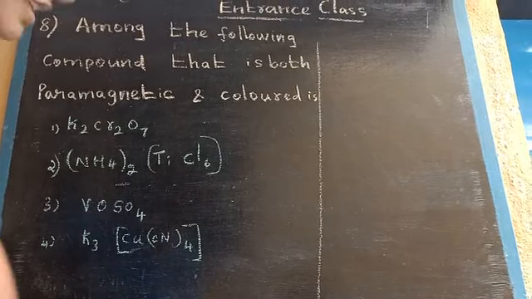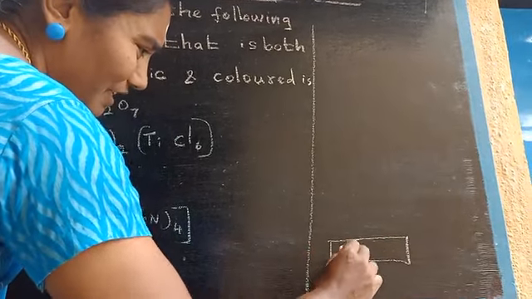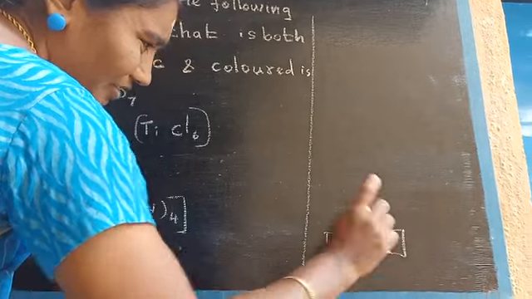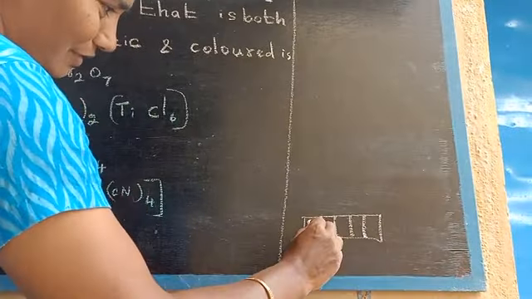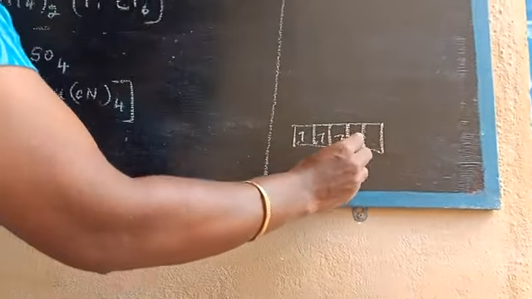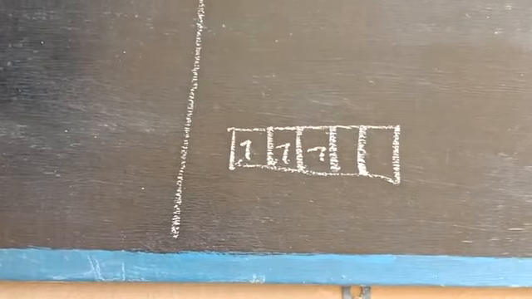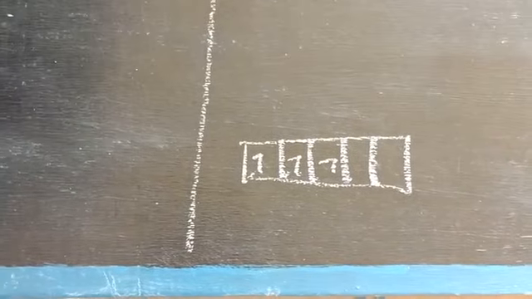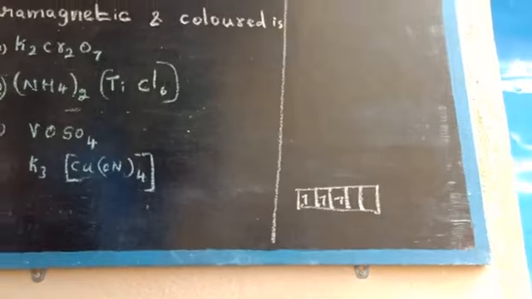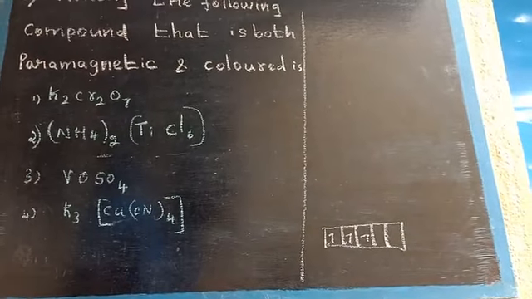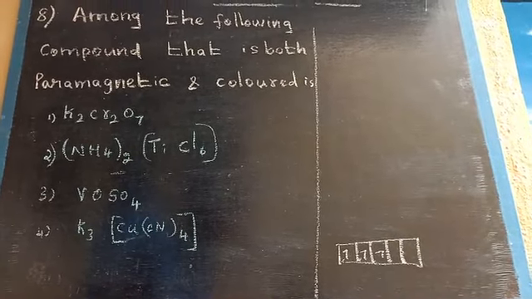For example, d orbital: 1, 2, 3, 4, 5. If any one electron is unpaired, the compound is paramagnetic. If paramagnetic, the substance is colored.